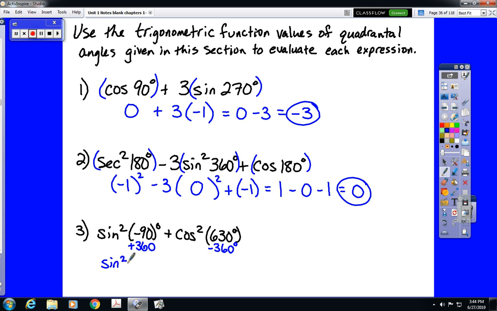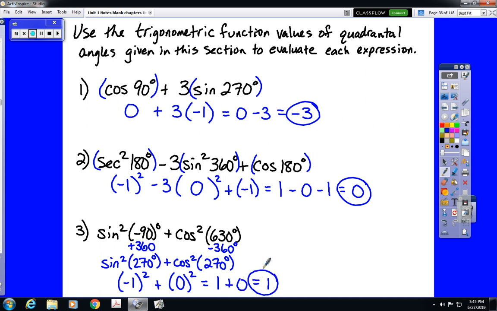So this becomes sine squared of 270 degrees plus cosine squared of 90 degrees. So that would be the sine of 270 degrees, which is negative 1 squared, plus the cosine of 90 degrees, which is 0 squared. That would be 1 plus 0, or 1.